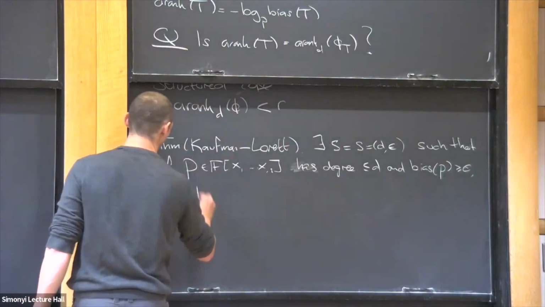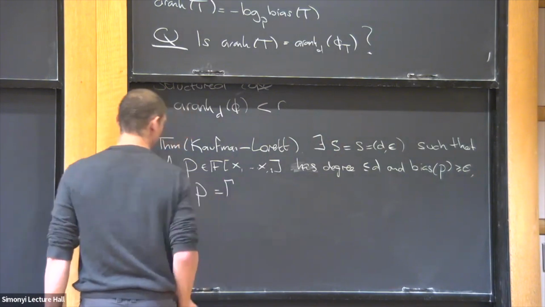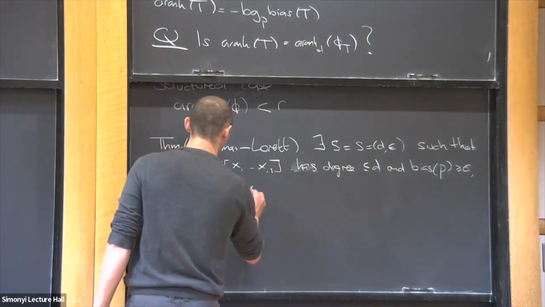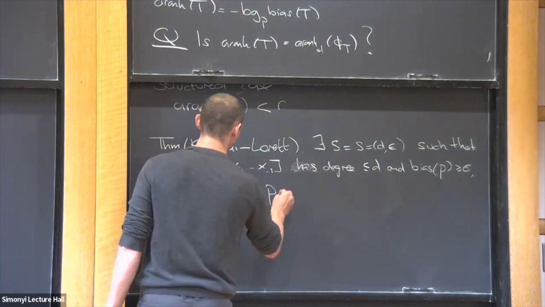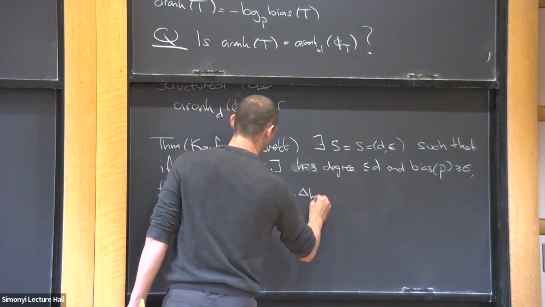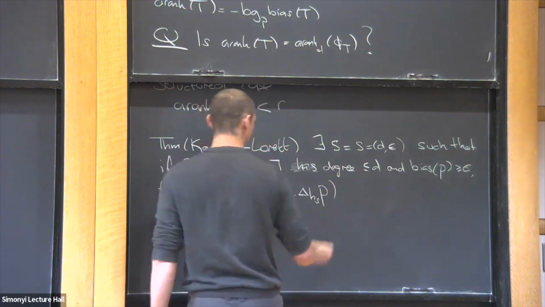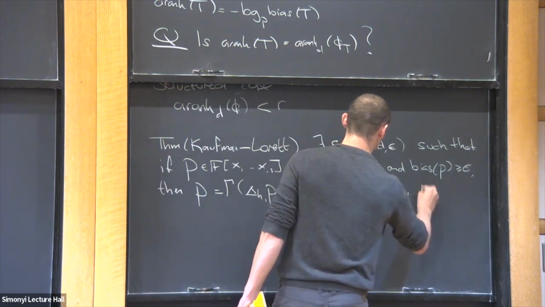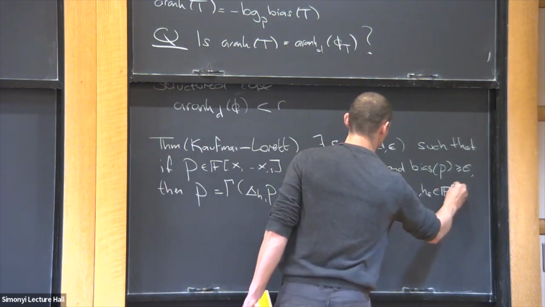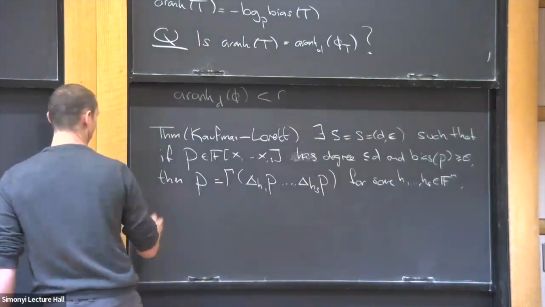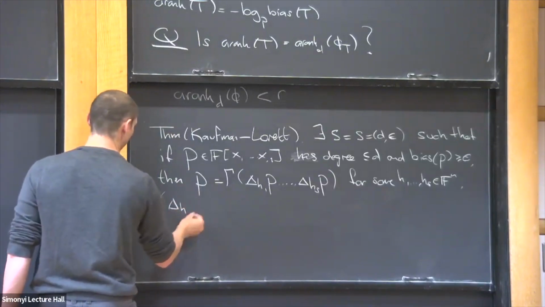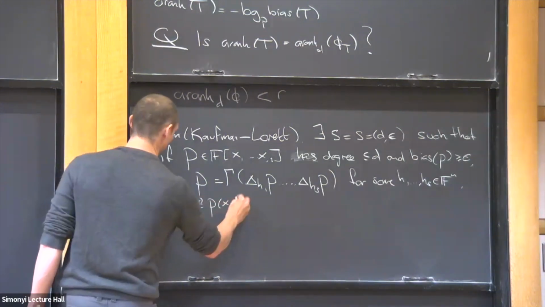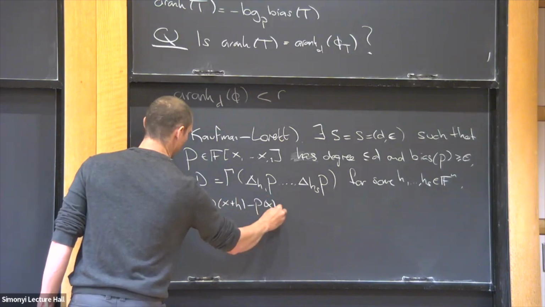It turns out you can write P as some function of the multiplicative derivatives of P in some directions h1 to hs in F_p^n. Here these multiplicative derivatives are defined as e(P(x plus h)) minus e(P(x)).